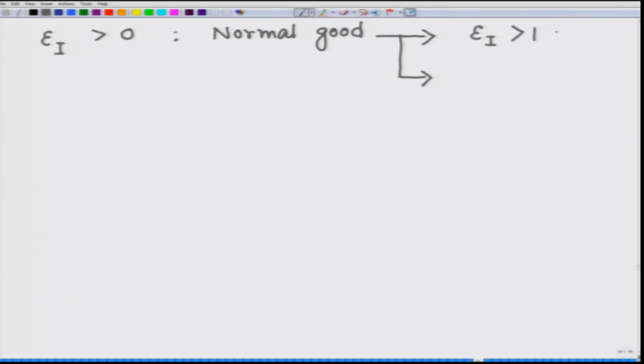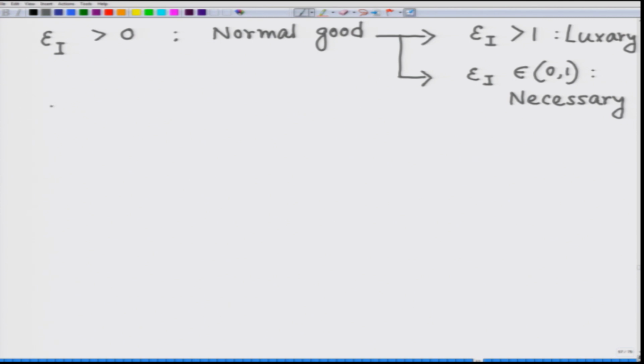In that case we call that good to be a luxury good, and epsilon I belongs to this interval 0 to 1. In that case we call this a necessity or necessary good.